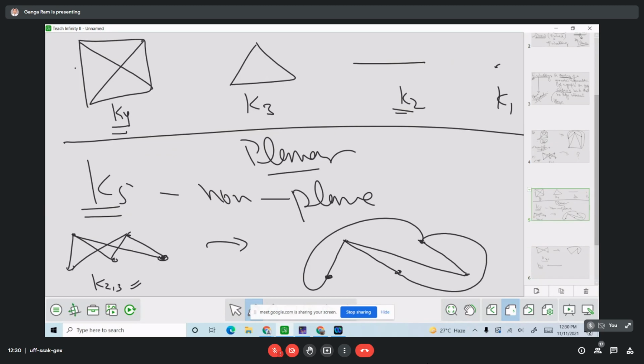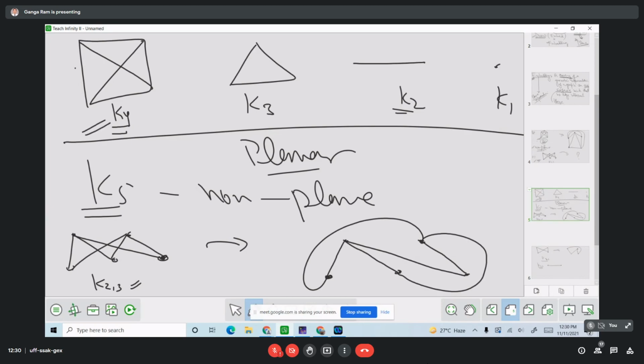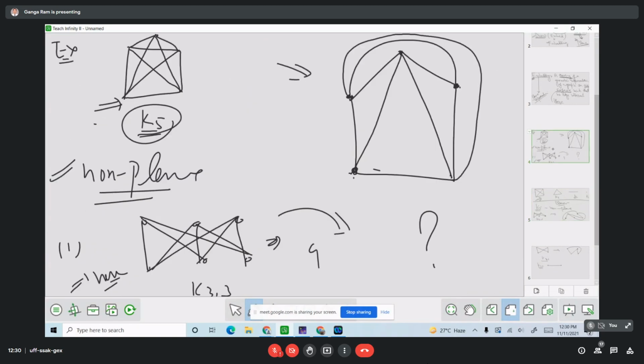Okay. So you can see that a complete graph with 4 vertices and a complete bipartite graph with order less than 6 and size less than 9. What is the order of this? The order is 6, sorry, and the size is 9. Its order is 5.